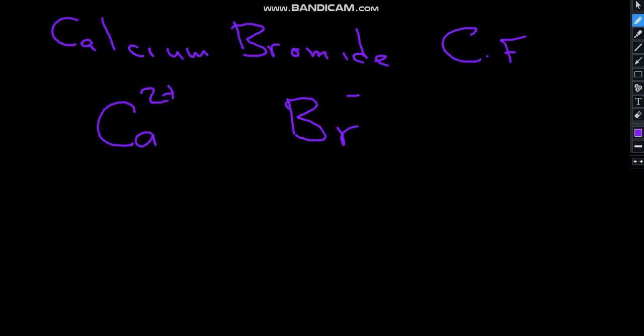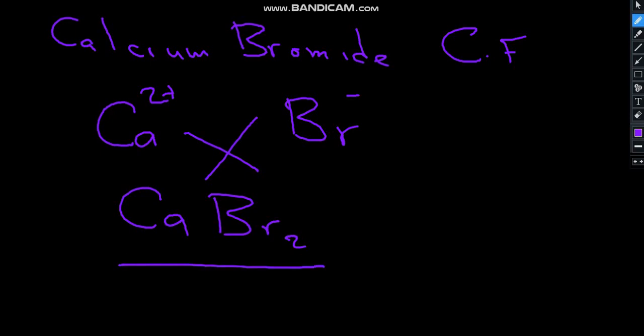After you reach this point, the charges crisscross. So if they crisscross, you have calcium, then bromine will get the charge 2. So this becomes the chemical formula for calcium bromide, CaBr2.